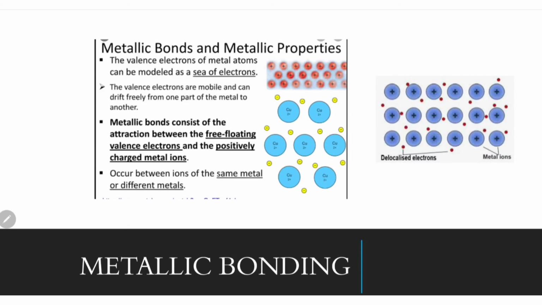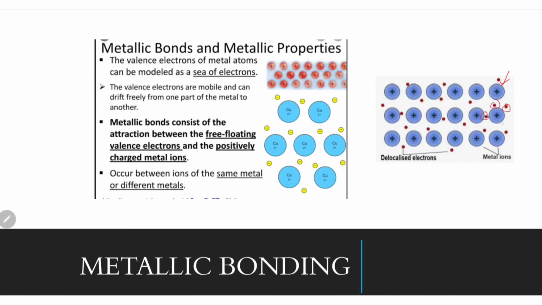We'll continue with metallic bonding. It is a certain bond not between two atoms but within one type of atom in a metal. Metallic bonding is an electrostatic force between the positive atoms of the metal. Why do they become positive? Because the metal atom releases its valence electrons.